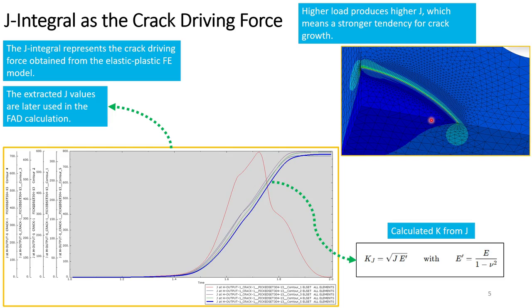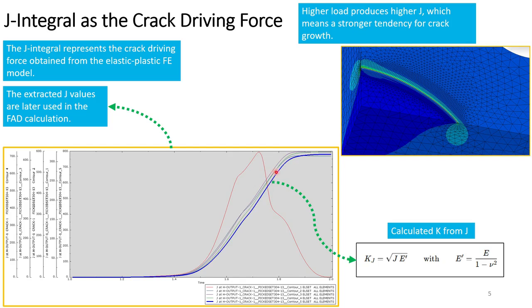Another important point here is the contour convergence. As you can see in the plot, the first contour, which is the red one, is not well converged, and shows a peak that is noticeably different from the later contours. But as the contour number increases, results become more stable.